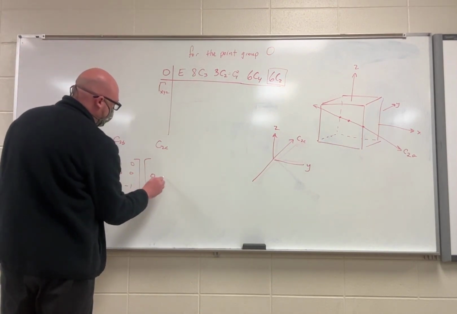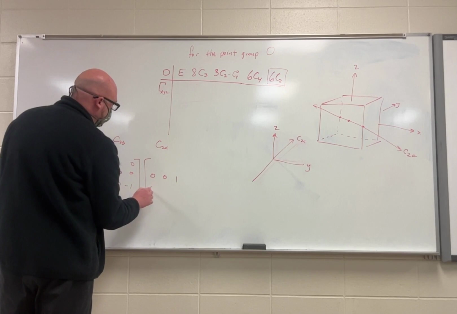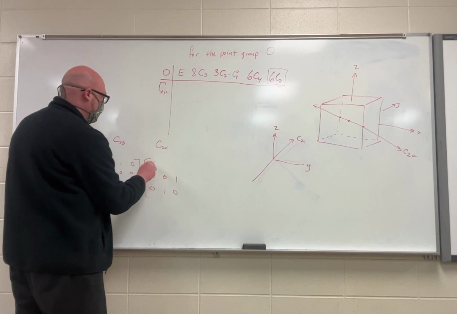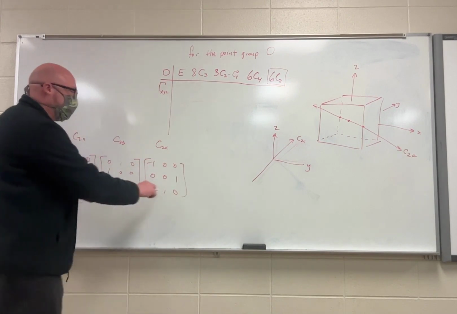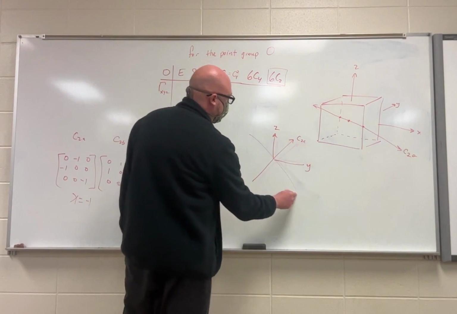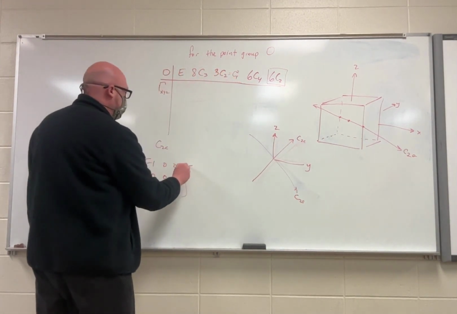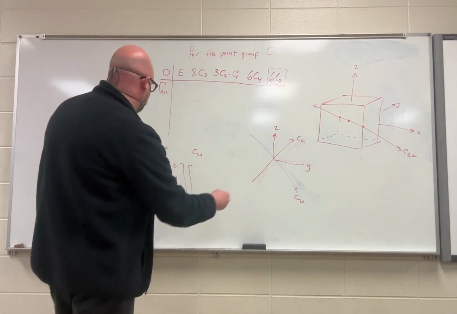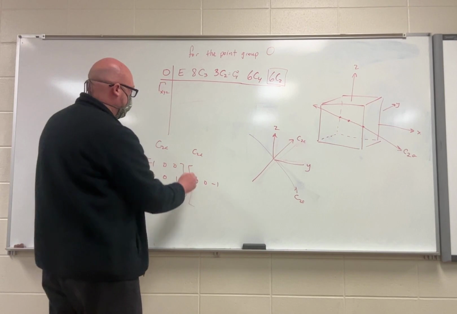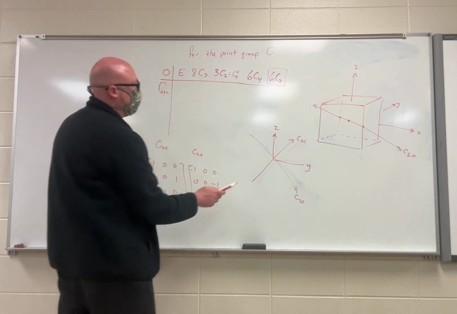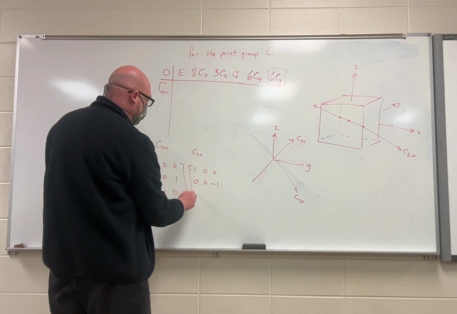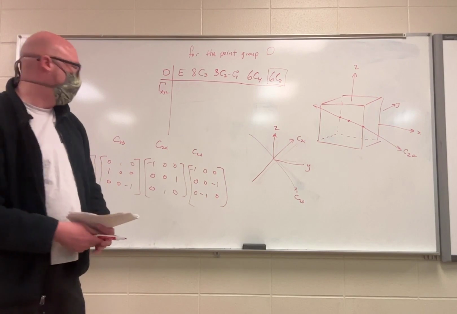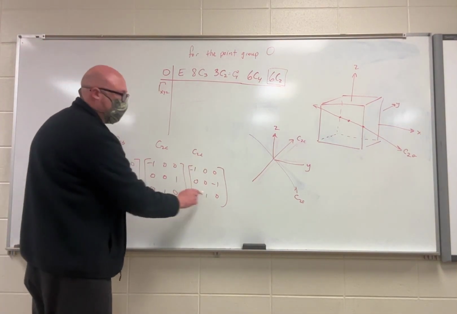So I have 0, 0, 1 and 0, 1, 0. And x will go to its negative. So always the character is -1. If I take the other C2 perpendicular to x, then you can see that y will go to negative z, x goes to its negative, and then z will go to -y. Right? And then you have two others of this form. So always the character is -1.